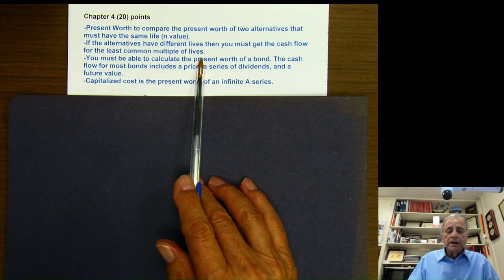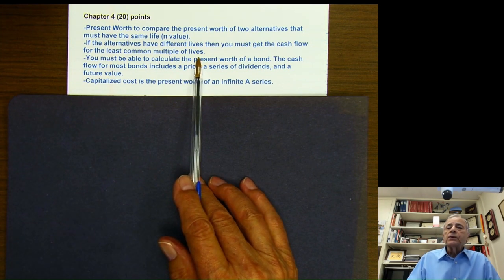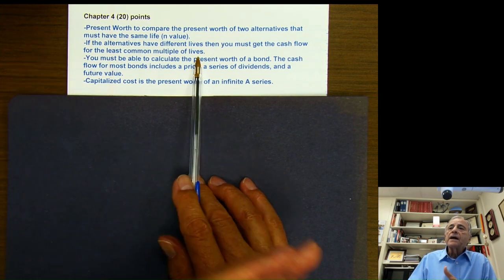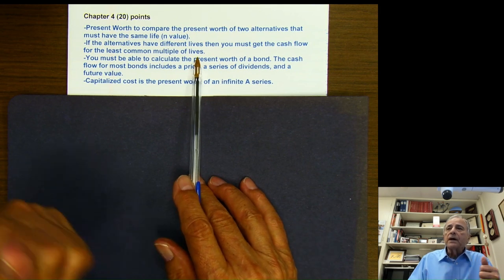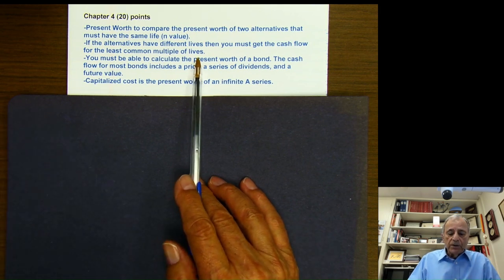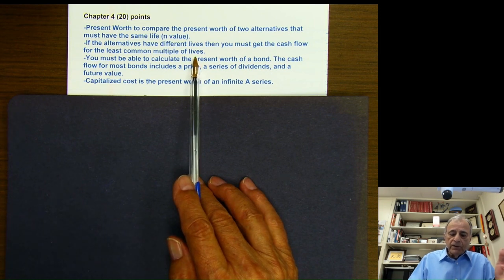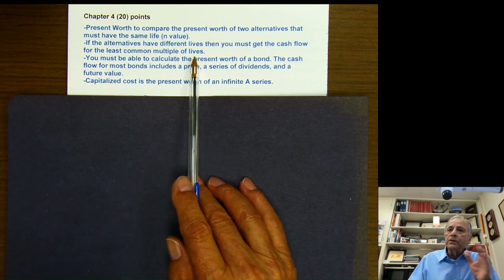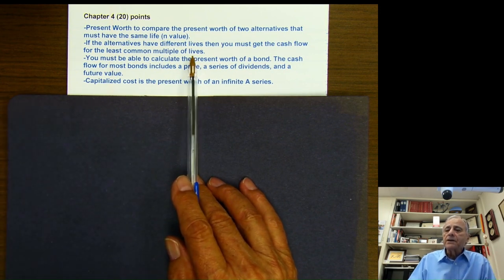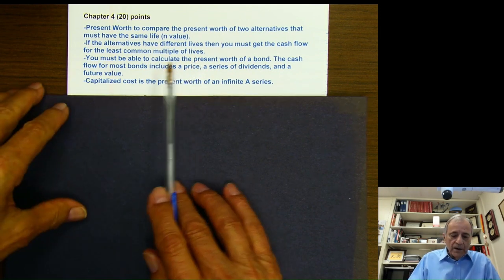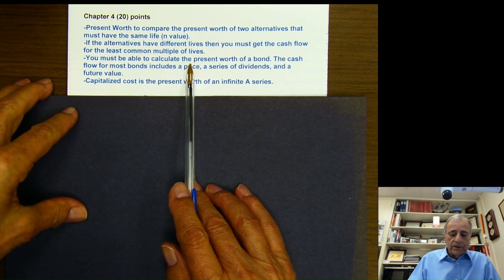So if you had a cash flow with a 2-year life and a cash flow with a 3-year life, the least common multiple of lives would be 6 years, and you'd have to repeat the cash flow for the 2-year project 3 times, and the cash flow for the 3-year project 2 times, and then find the present worth, okay?